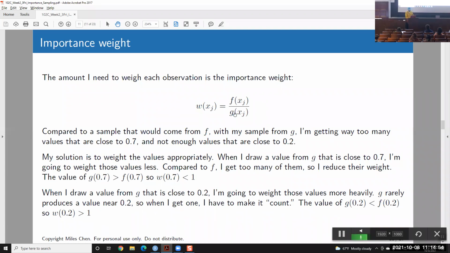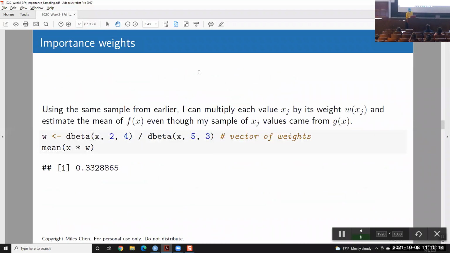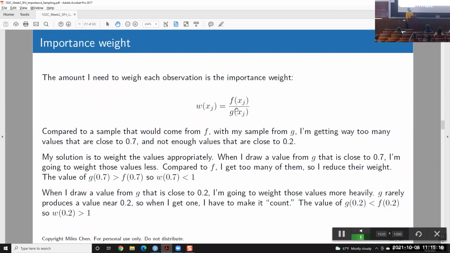So if we look at a value around 0.7, what is F? The blue distribution's 0.7. At 0.7, the blue distribution has a value of maybe around 0.4, and the red distribution is maybe around 2.3. I'm making that up. So 0.4 divided by 2.3, we're going to get a value less than 1. We're going to weigh this less. So the weight at 0.7 is going to be less than 1.